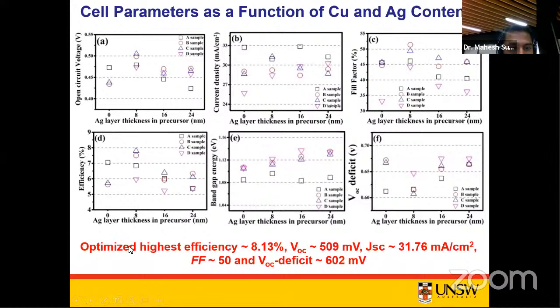Thus, what we achieved is an optimized highest efficiency of about 8.13% with an open circuit voltage of about 509 millivolt, a JSC of about 31.76 milliampere per centimeter square, and a fill factor of 50, and the VOC of 602 millivolt. By simply varying the Ag layer thickness, or in other words, by simply tuning the composition of the Ag in the CZTSSe absorber layer.